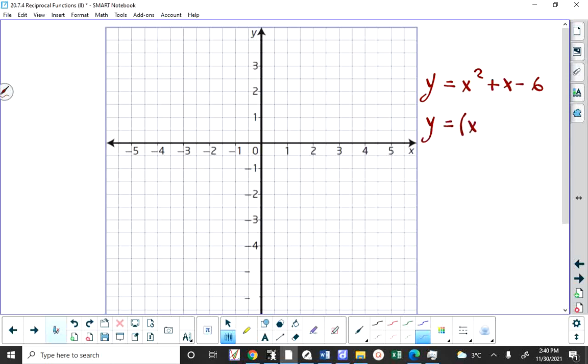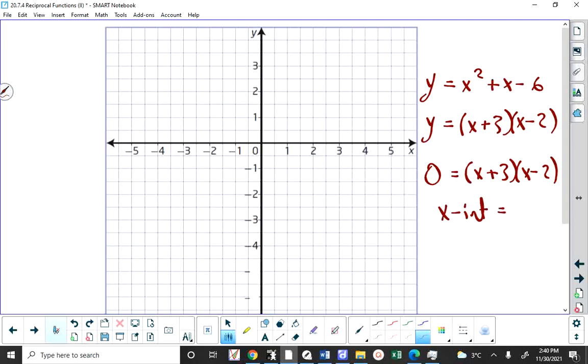If we factor this, we can see what the x-intercepts are. They're the values of x that give us 0 for y. Which means an x-intercept is at -3, and an x-intercept is at +2.